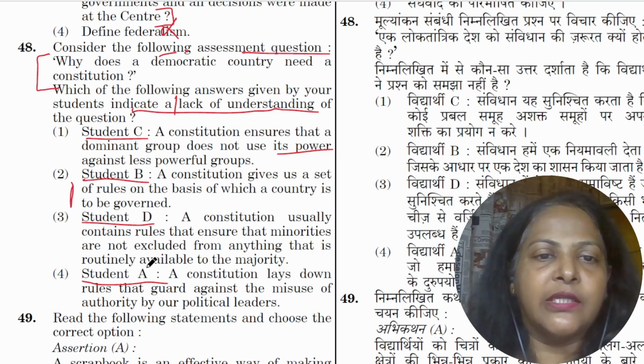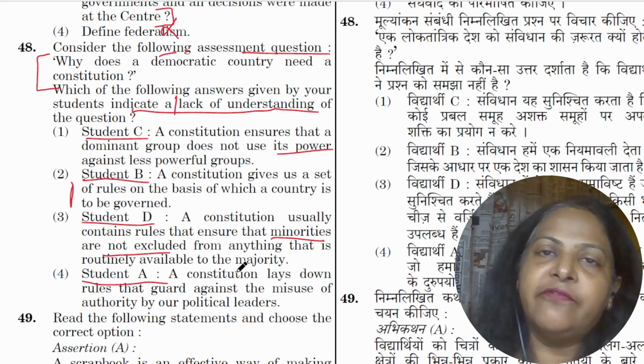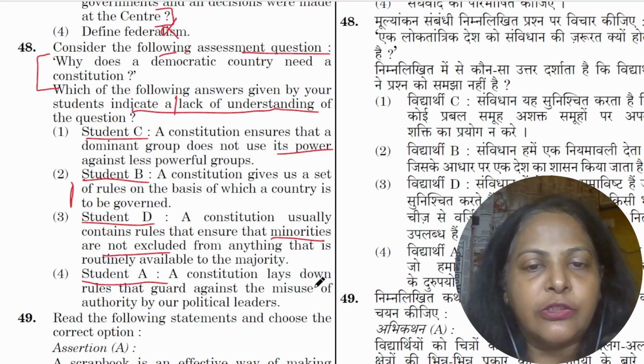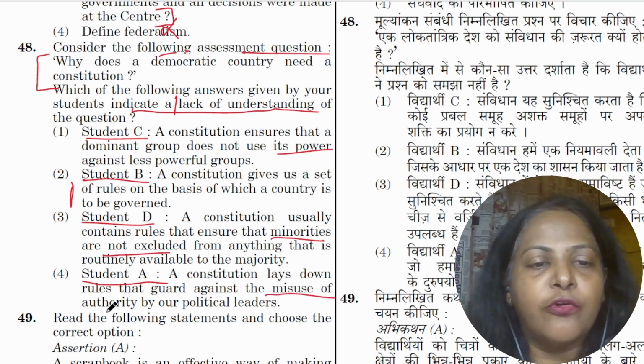So this is a textbook answer. A constitution usually contains rules that ensure that minorities are not excluded from anything that is routinely available to the majority. A constitution lays down rules that guard against the misuse of authority.